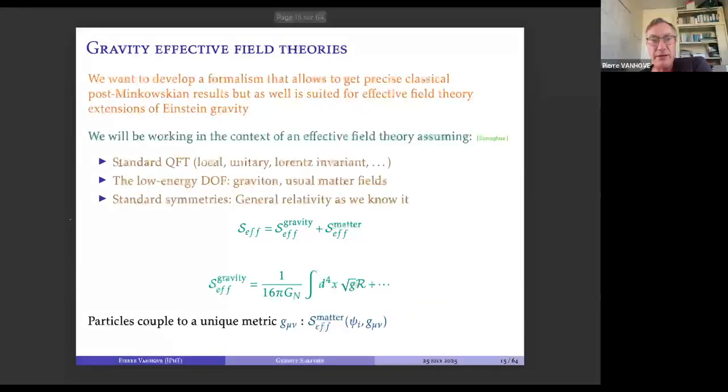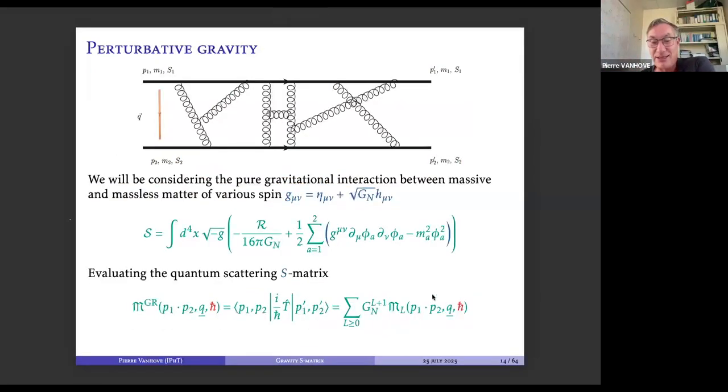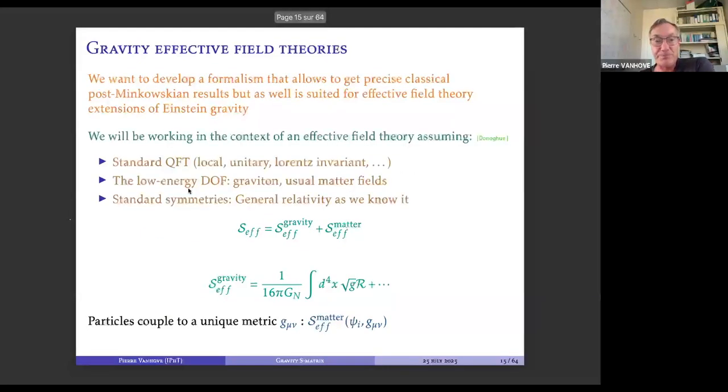That may be obvious, because if you do quantum field theory, of course you want to keep this. But I know that I'm going to get an answer that is relativistically invariant, and that also comes from diffeomorphism invariance, which is the symmetry of Einstein gravity. So I'm not going to miss any of the symmetries that I want to include in my computation.